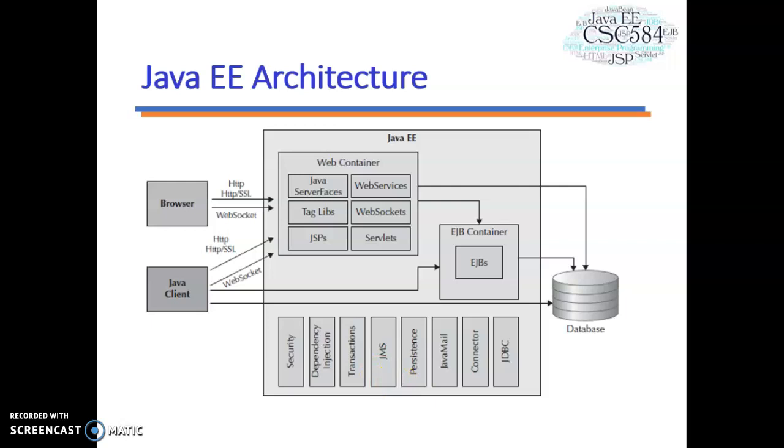Then you can see that we have the EJB container. The EJB container will run the application logic, and EJBs are Java classes that contain and manipulate the core data structure, and then link to the database. The database tier holds all the application data that the Java application needs to exist longer than the scope of a single session of the application, or simply between different steps in the application that are separate in time.